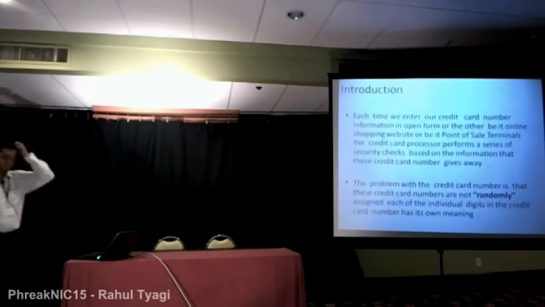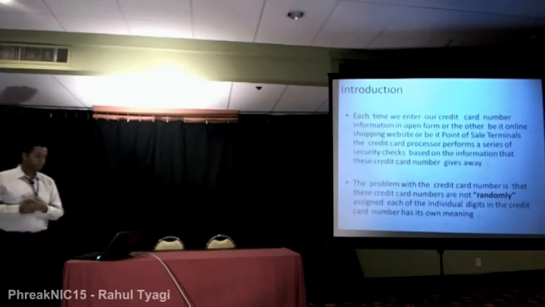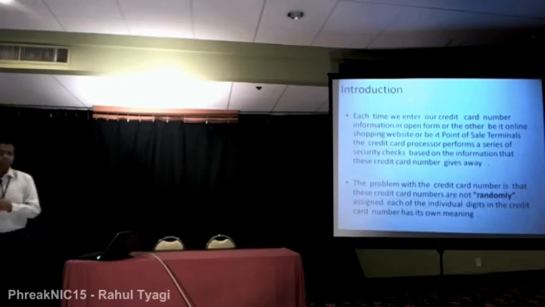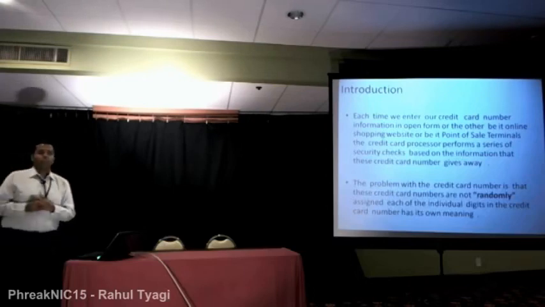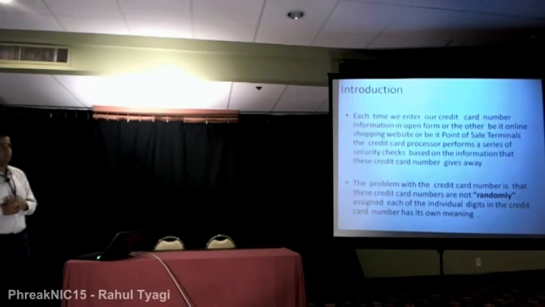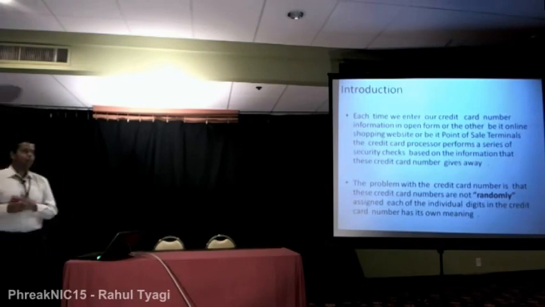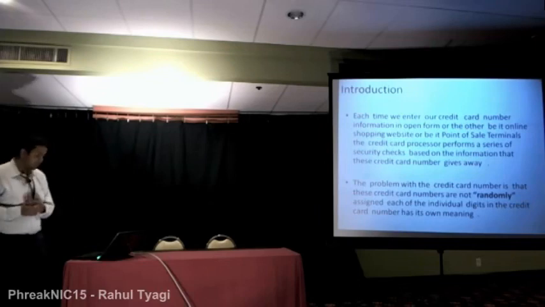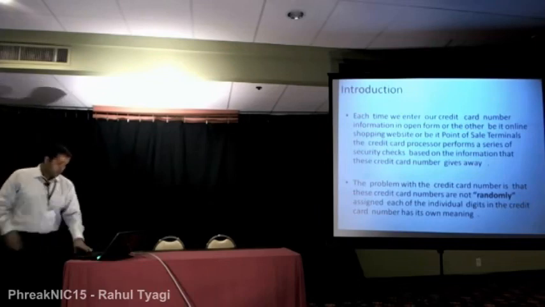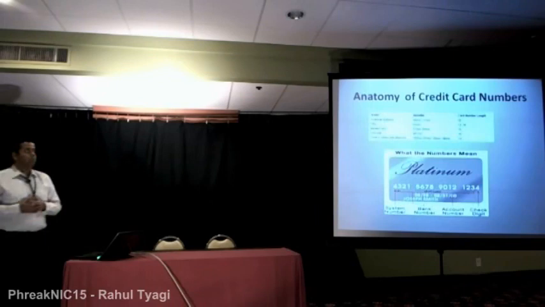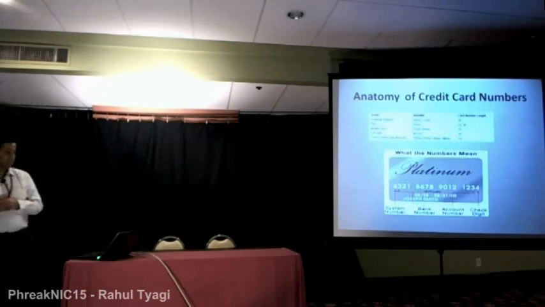There are a couple of places that we use our credit card numbers: point of sale terminals, online shopping websites. One interesting thing about credit card numbers is they're not random. A few of the digits are based on the banks that issue them and what type they are. So let's get into the anatomy of credit card numbers first.